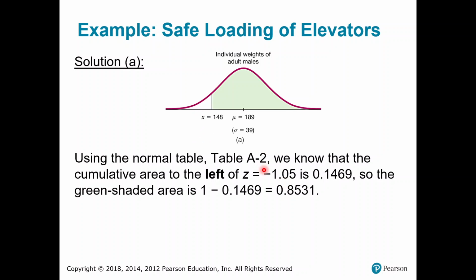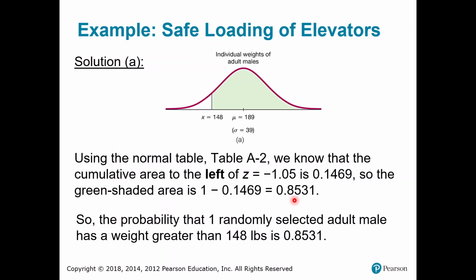From table A2, we get the area on the left side to be 0.1469, and so the area to the right will be 1 minus 0.1469, which is 0.8531.